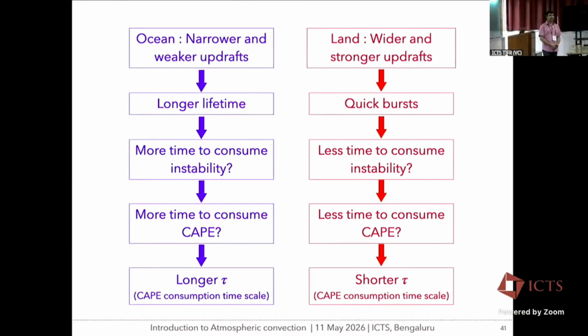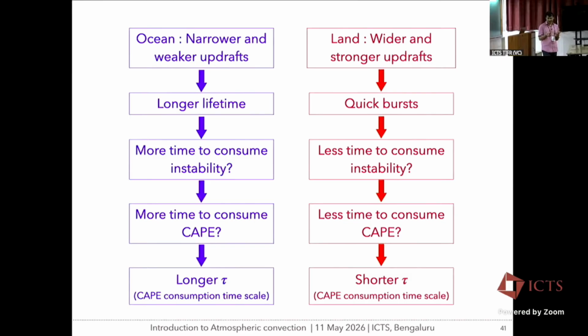That's not very straightforward, and maybe it's not as straightforward as I have mentioned here. It's not necessarily true, I guess, in some sense, that weaker has to be narrower, but it's just an observational information that we have, that it has narrower and weaker updrafts.